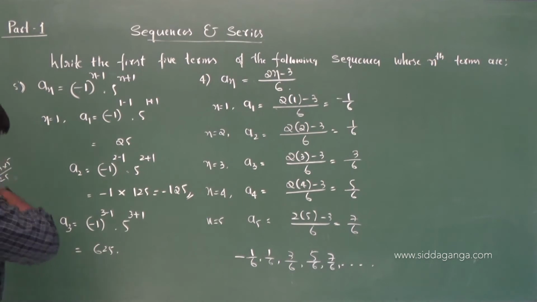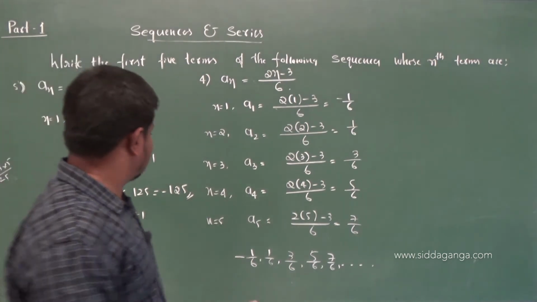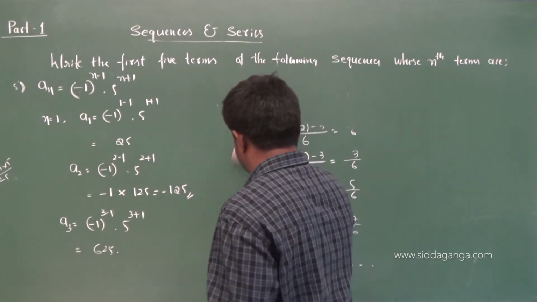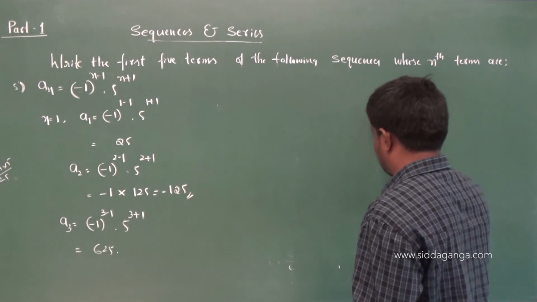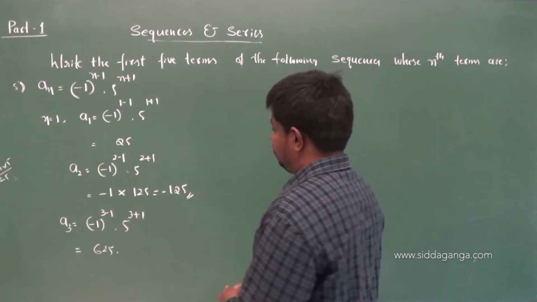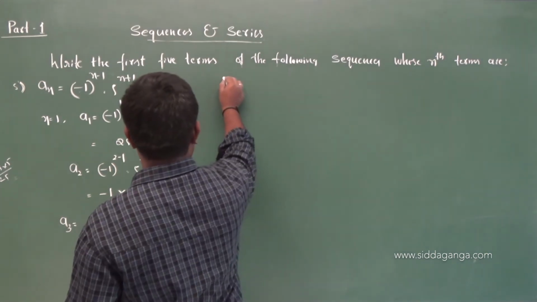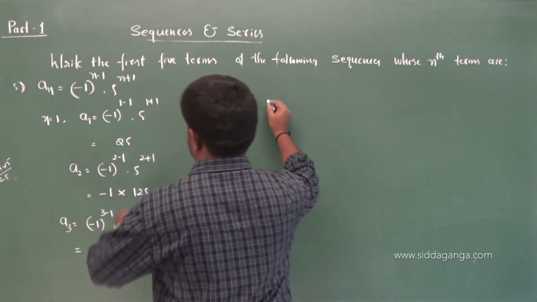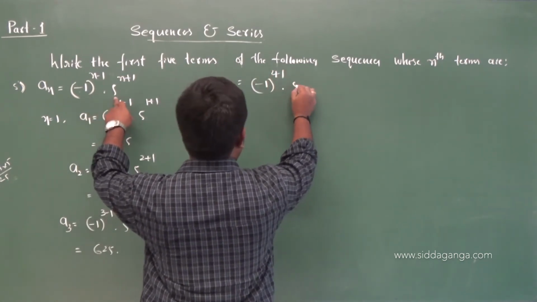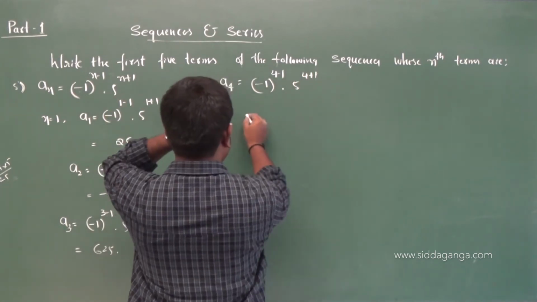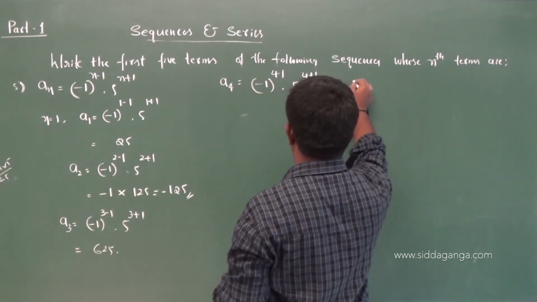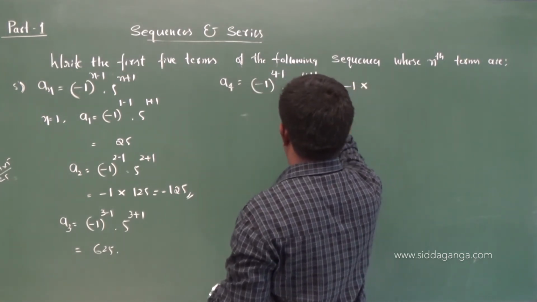Okay. Now this is the fourth term, and the fifth is a third term. Fifth term is given by, sorry, fourth term is given by, when n is 4, a4 is given by minus 1 whole power of 4 minus 1 into 5 power of 4 plus 1, gives minus 1 power of 3, that is minus 1 into 5 power of 5.